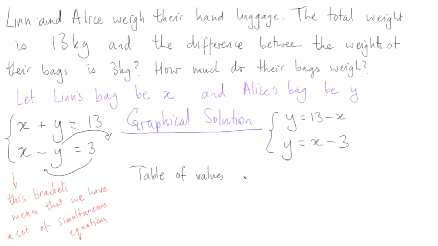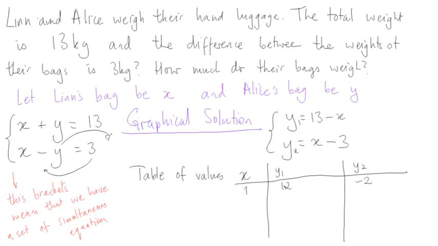So I have x, and let's call this y1 and this y2. Let's try x equals 1. So when x equals 1, y1 equals 13 minus 1, which is 12. And y2 equals 1 minus 3, which is minus 2.